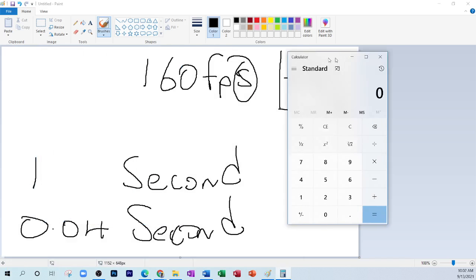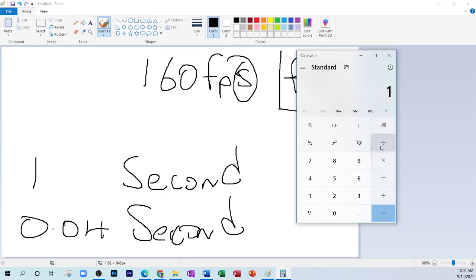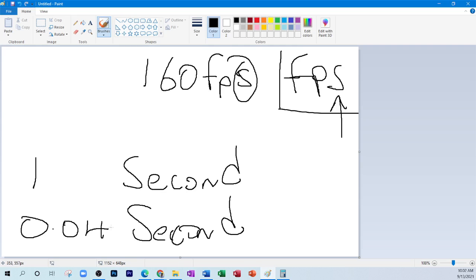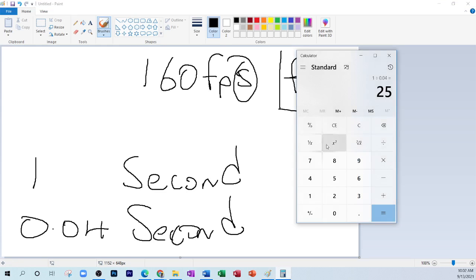Yeah, that's what I'm asking for. So 1 divided by 0.04, I'm getting 25. 25, yeah. Good, 25. So I guess there's more here at the end. There's supposed to be more numbers at the end here.